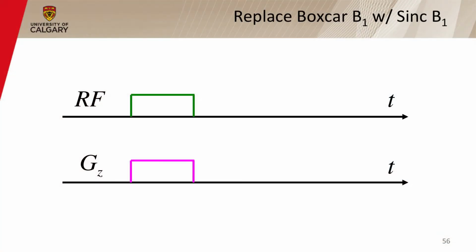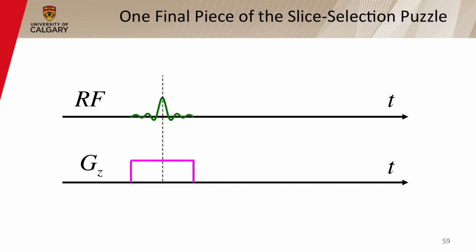Okay? And so if we go back to our pulse sequence diagrams, we go from something that looks like this to something that looks like this. Okay? And all of our echo times and TRs are based relative to the center of this sinc pulse.